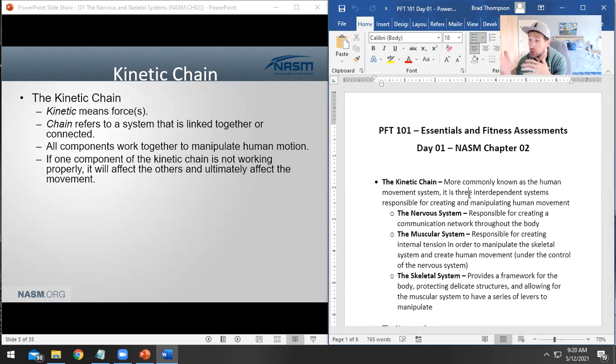And we like the term kinetic chain because kinetic means movement, it means forces, and chain is a series of things that are linked together. This is a really good way to understand that all of these systems are interdependent. One relies on the other. You always hear that phrase, a chain is only as strong as its weakest link. Well, that could not be more true of the kinetic chain.